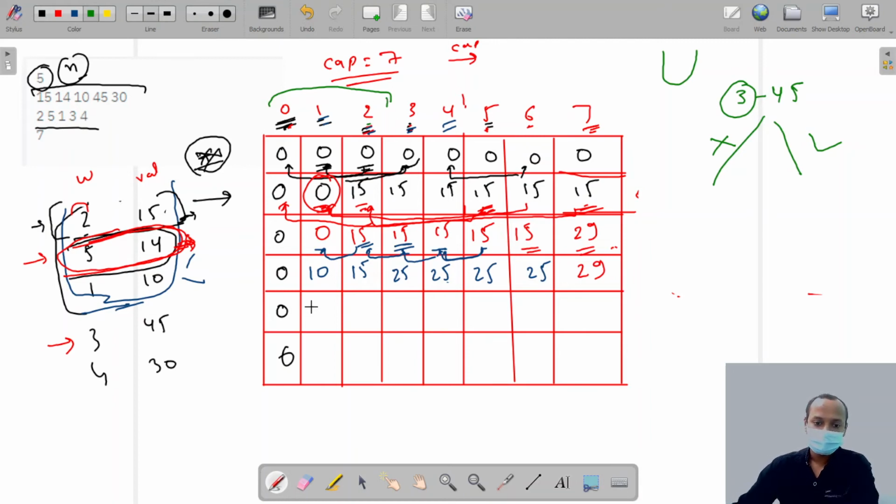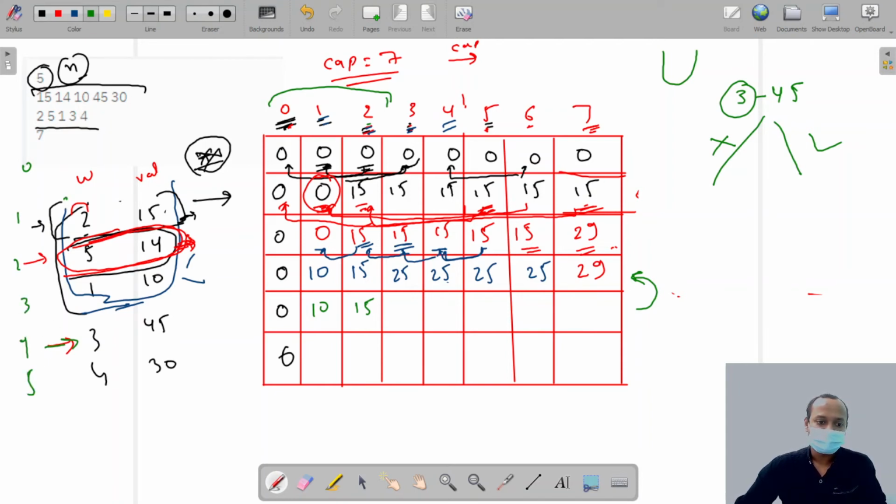So here we similarly write the same as the previous row. Okay, 15, 10, 15. It means it is the maximum value we get if the capacity of the bag is 2, without this item.